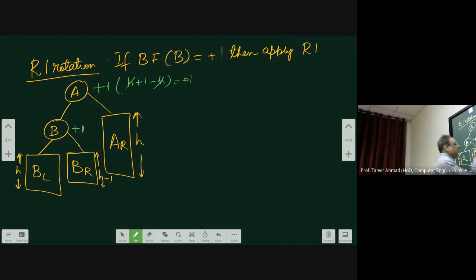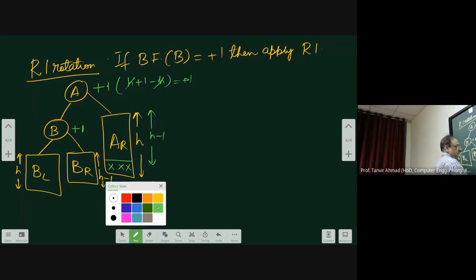Now, I am deleting a node from here. The new height is now this. Now the new balance factor will become plus 2.